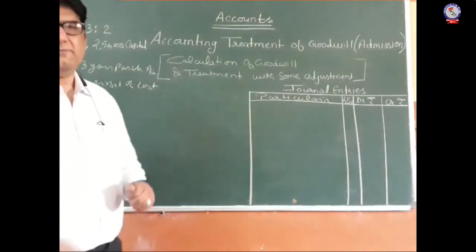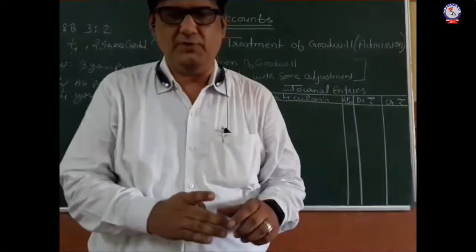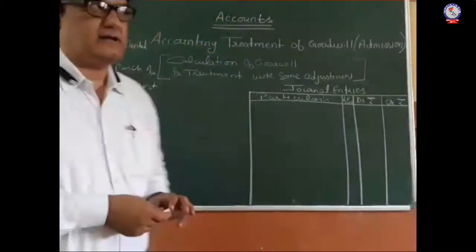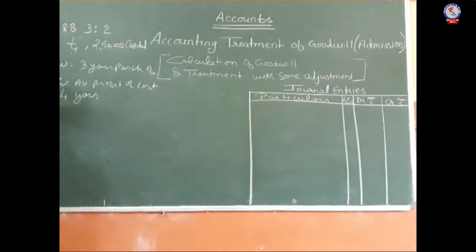Now we have been provided with the profits of the last 4 years, that is 2 lakh, 2.5 lakh, that is 2,50,000, then 3 lakh and 3,50,000 respectively for the years 17, 18, 19 and 20.